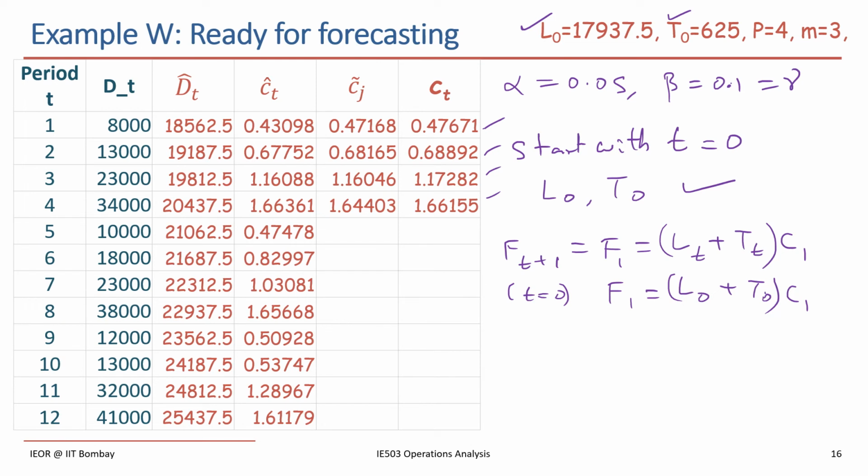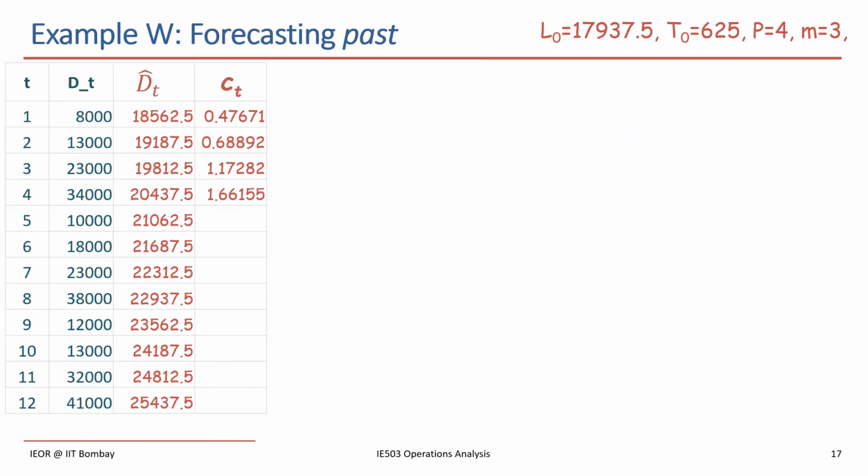So I can compute the forecast for time period 1, which comes out to be 8,848.87. To get the time period 1 forecast, we start at time t equal to 0. Up to this is straightforward. But to forecast for time period 2, I need level at time 1, trend at time 1, and C at time 1. That is what we are going to do next.